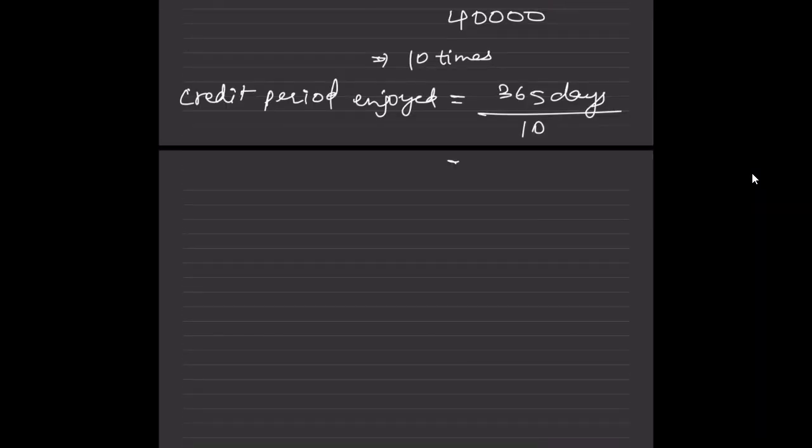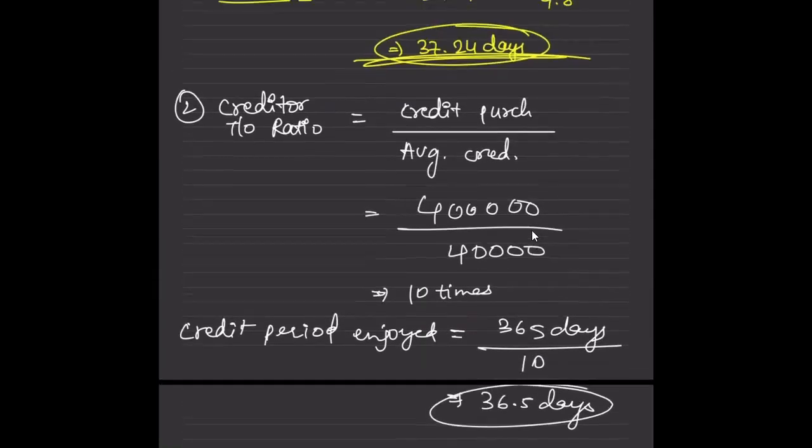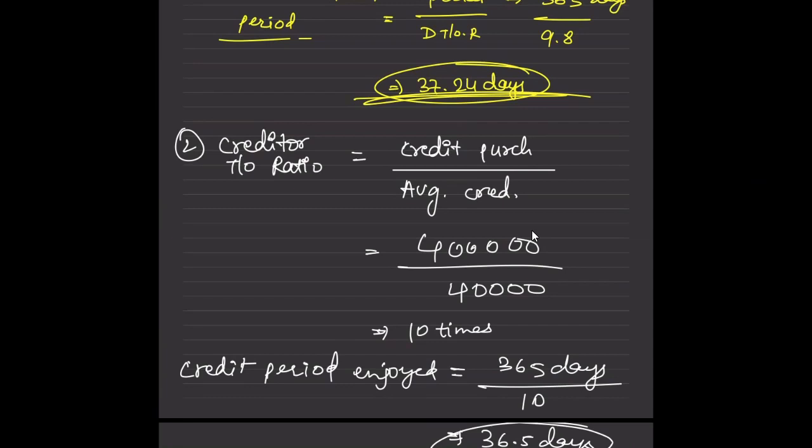So I would say 36.5 days I am taking to give back the money for the goods which I have purchased. So this is the period which I am enjoying on credit. Okay. I have taken the goods and after 36 days, I am returning back the money. So that is the credit period enjoyed and creditor turnover ratio.